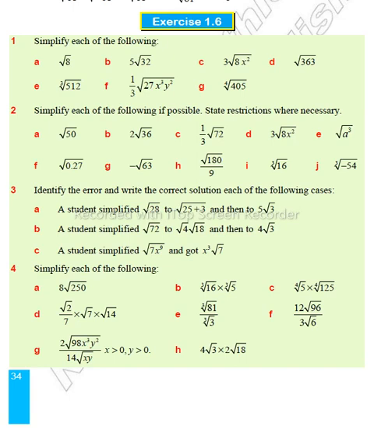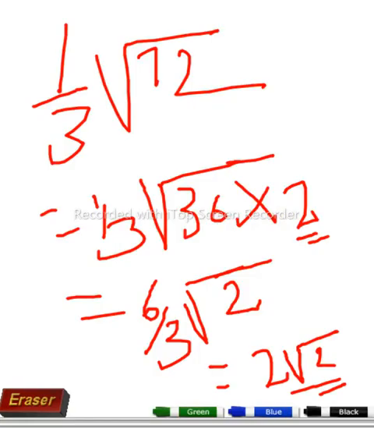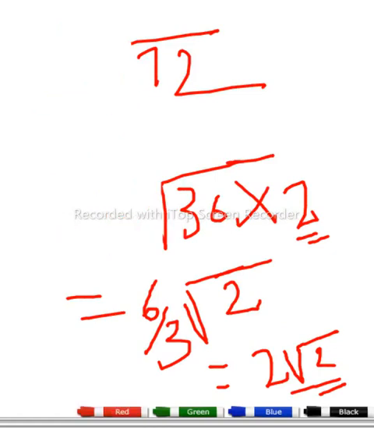We can do another question. Let us select F, the square root of 0.27. Let us rewrite this equation again.